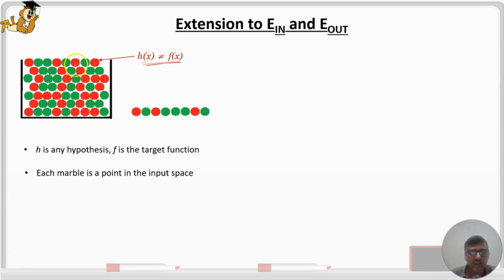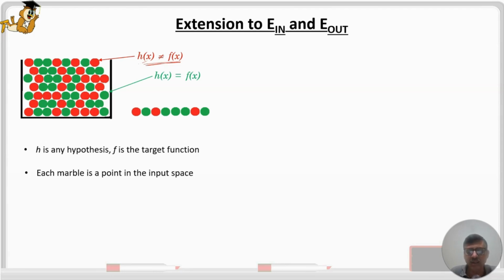So all the points where H did not match F, you colored red, and all the points where the output of H matched the output of F, you colored green. So this is the coloring of marbles that we are going to do.